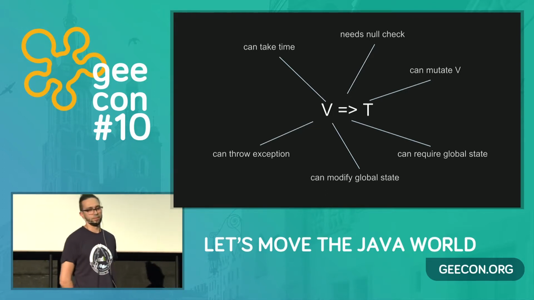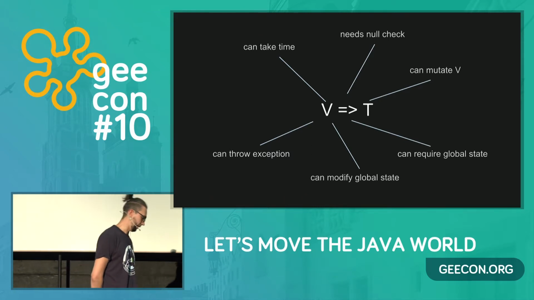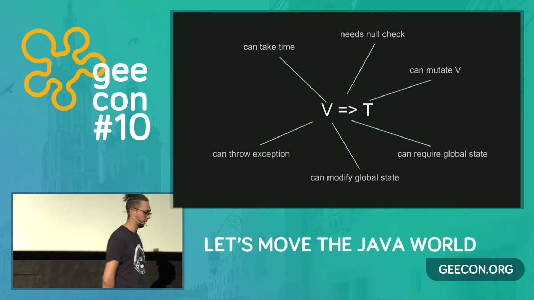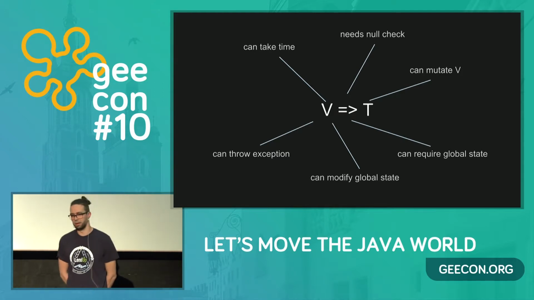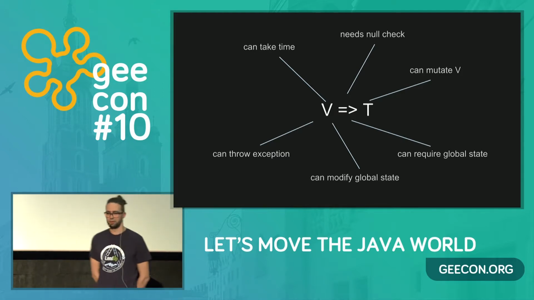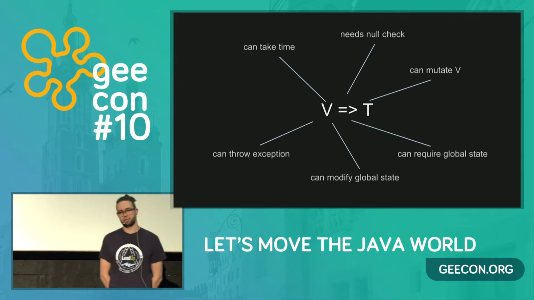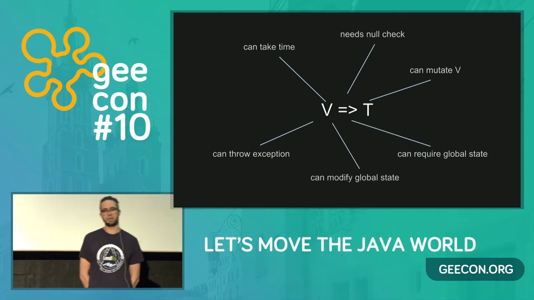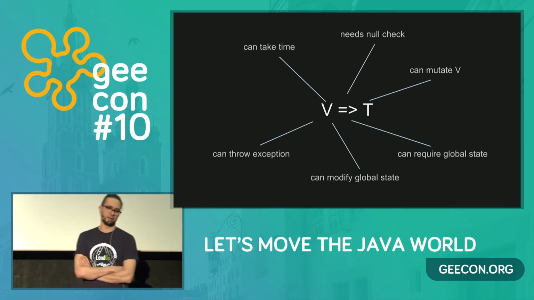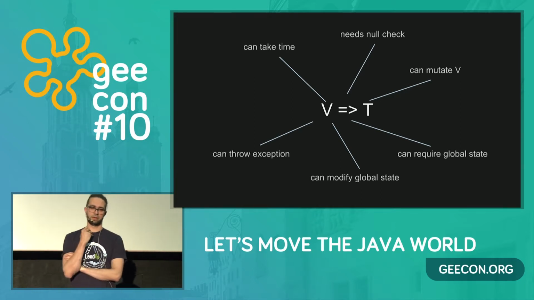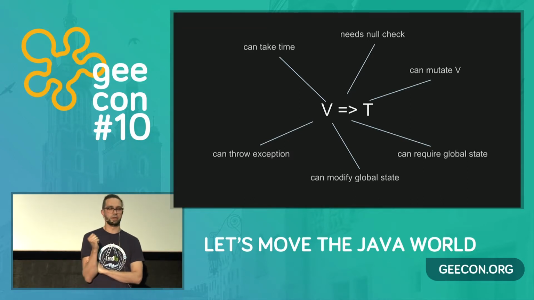So this is an abstract representation of, let's say, a dynamic language or even a static language, a function. So we have type V. We have a function that accepts a structure of type V and returns a structure of type T. And there are implicits all over here.